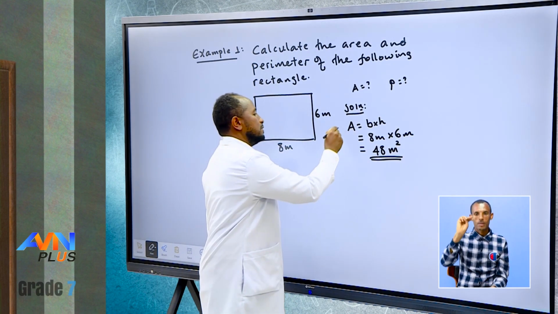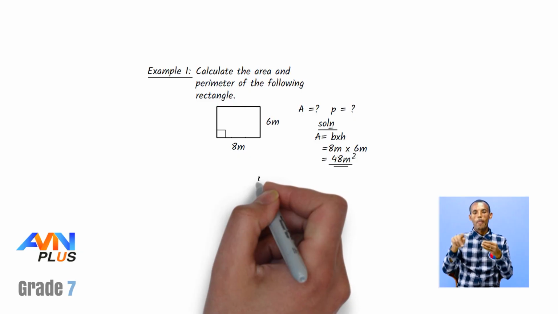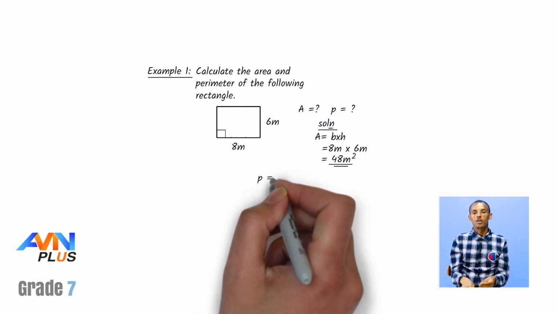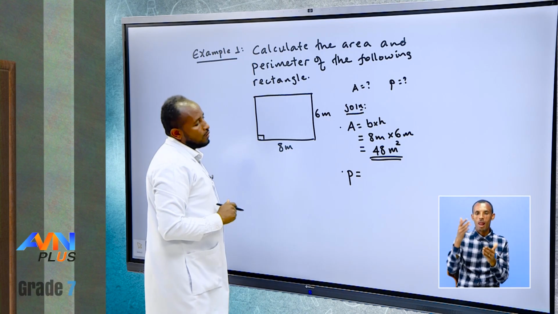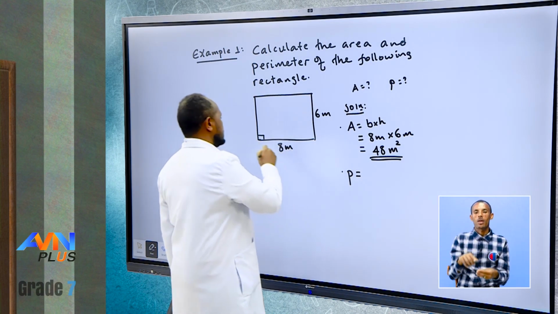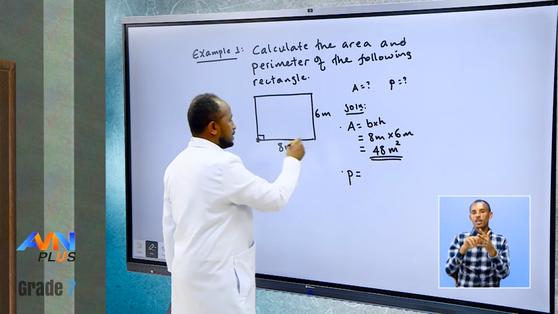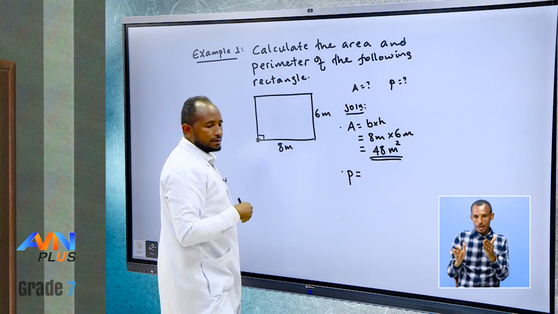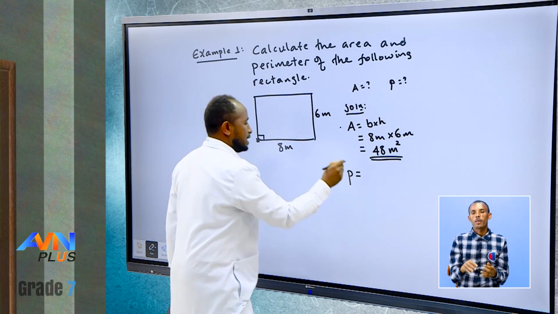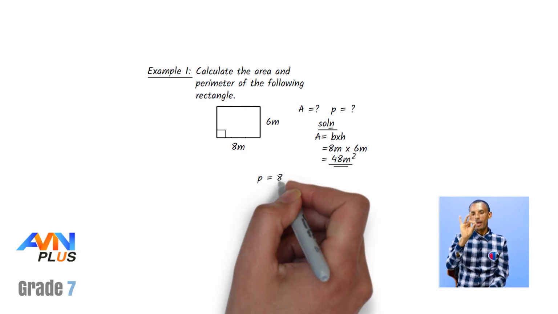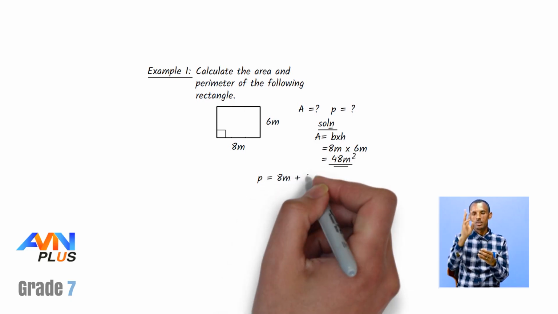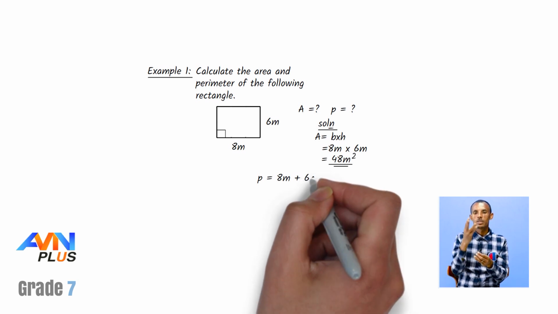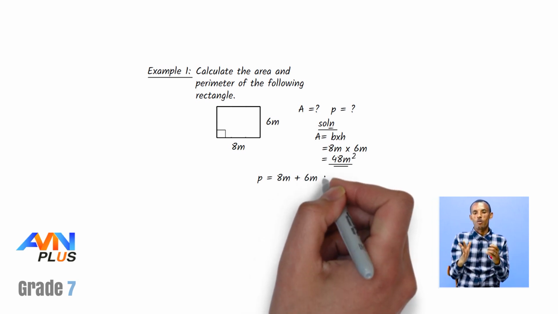Now how about perimeter? Okay, perimeter is the total length of the boundary of this region. So simply perimeter is equal to, start from this point and add the sides of the rectangle. P is equal to 8 meter plus this one is 6 meter plus this one is also 8. Opposite sides of a rectangle are congruent.